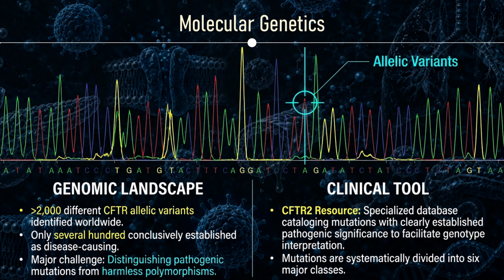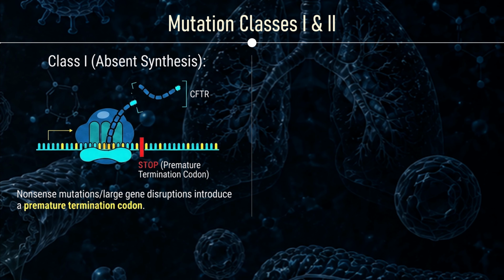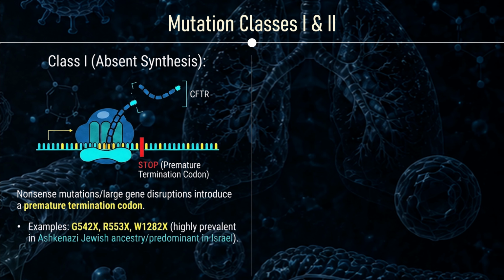Six major classes of CFTR mutations have been recognized, each affecting a different stage of protein synthesis, processing, trafficking, channel function, or membrane stability. Class 1 mutations result in absent CFTR protein synthesis. These mutations are typically nonsense mutations or large gene disruptions that introduce a premature termination codon, preventing production of a full-length functional protein.